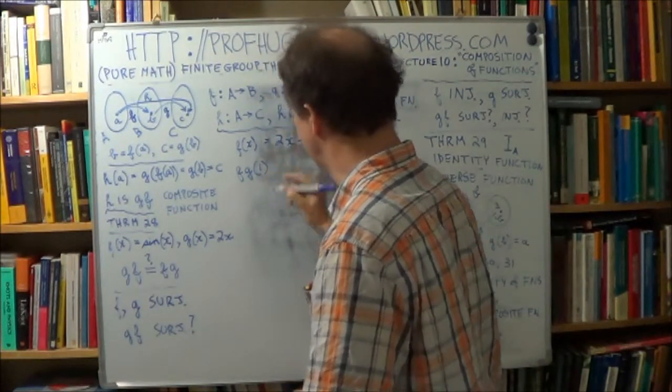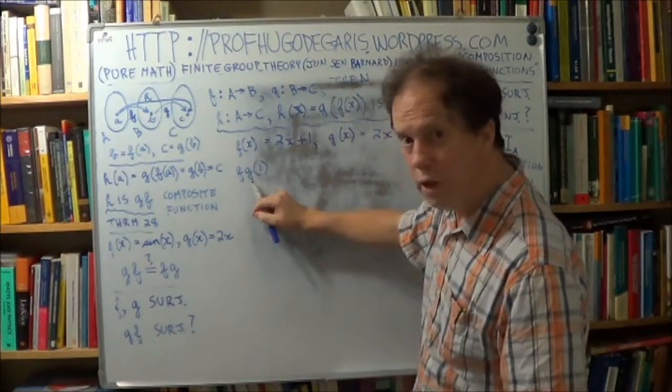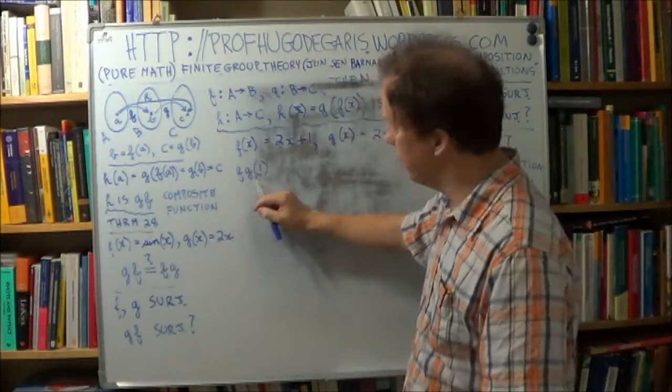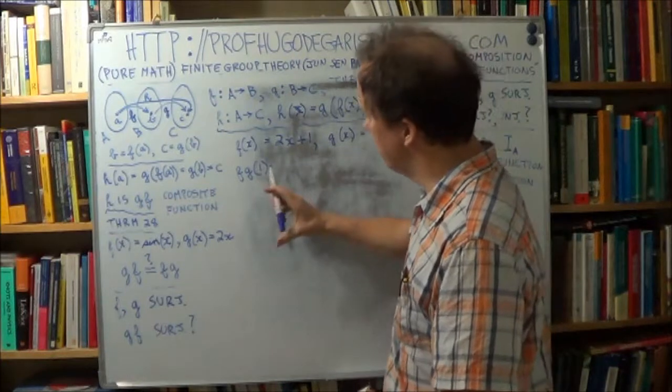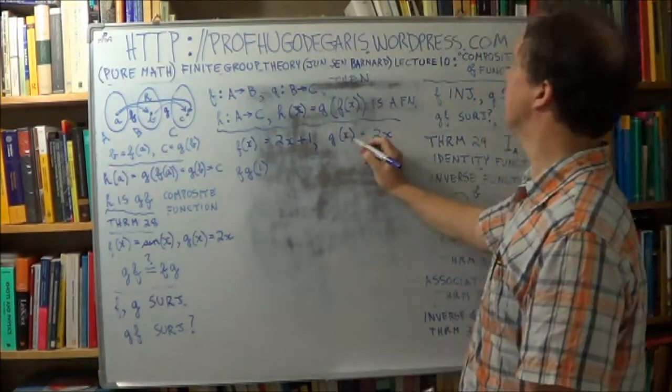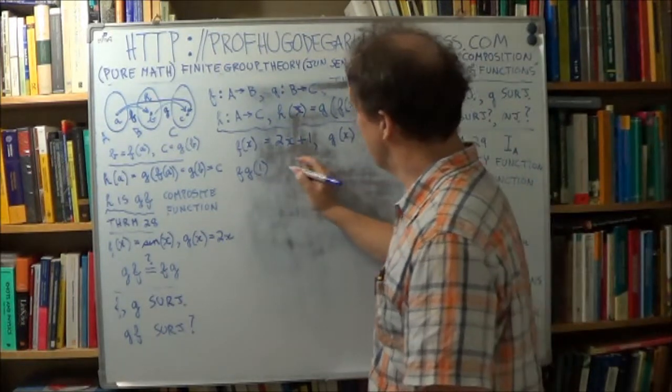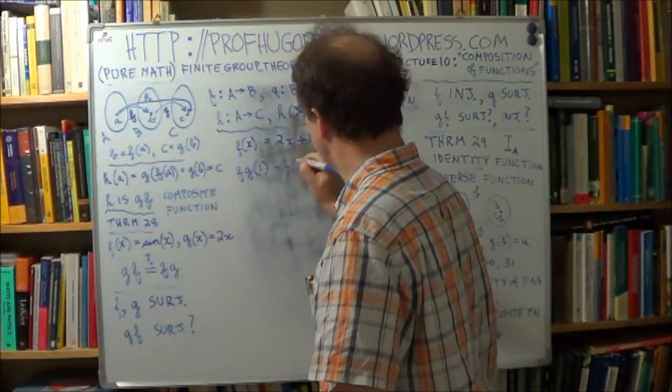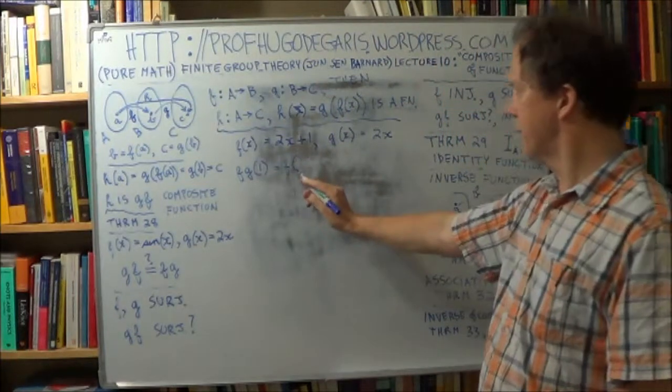Fg of 1. Remember the innermost one gets applied first. So the right hand one is applied first. So this g function, which doubles the value, applies to 1. Well, that'll be f of. I hope you can see this.